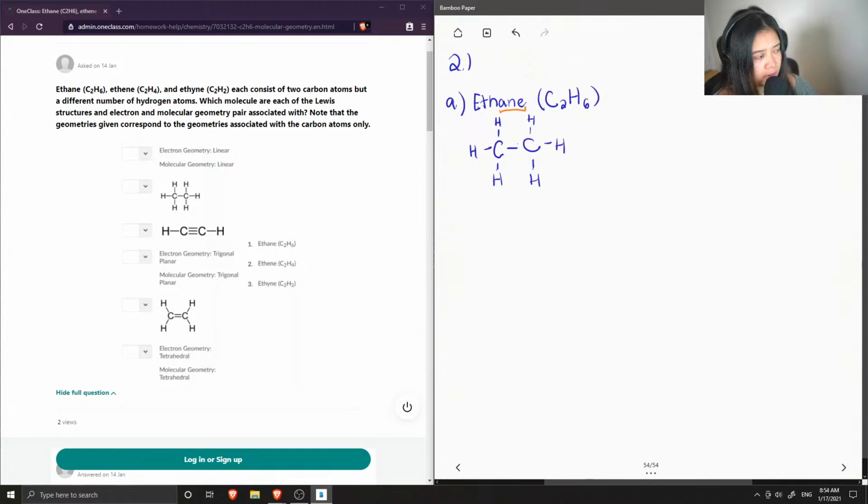Okay, so this is the structure of ethane, all with single bonded hydrogens. Now if we analyze this Lewis structure, judging by the central carbon atoms, we see that there are 0 lone pairs and we have 4 bonded atoms.